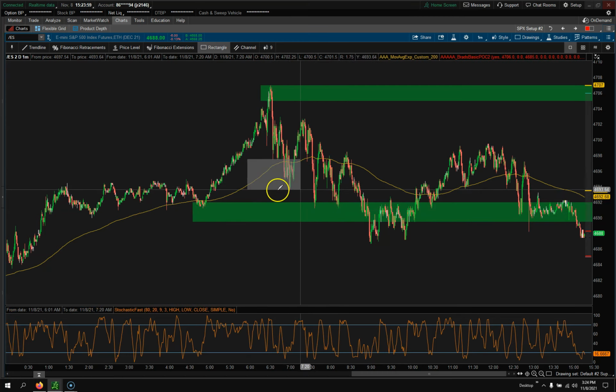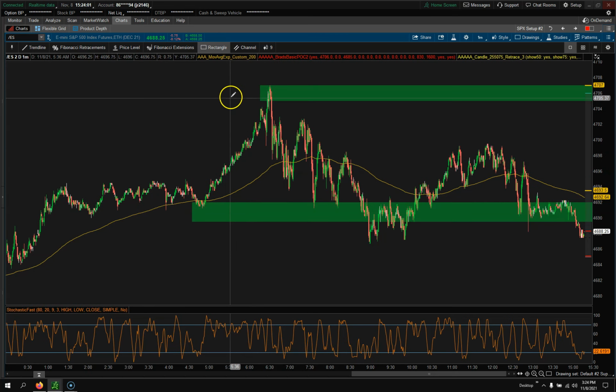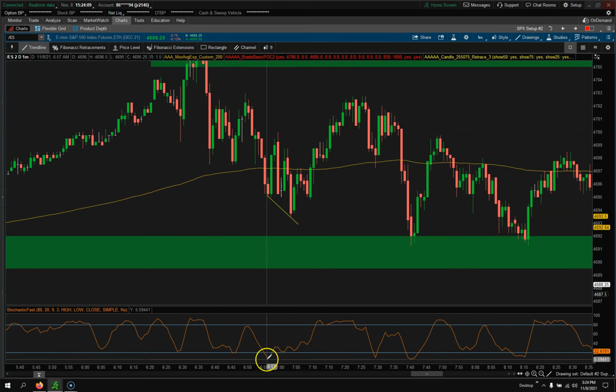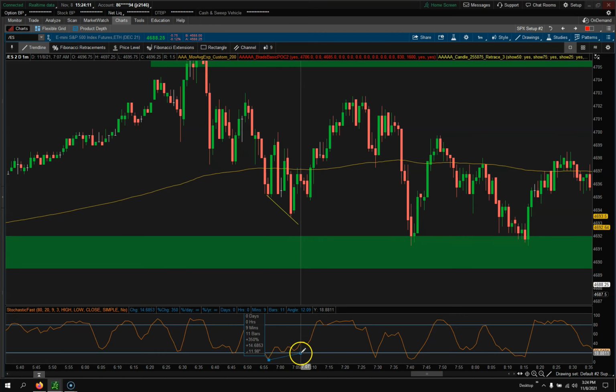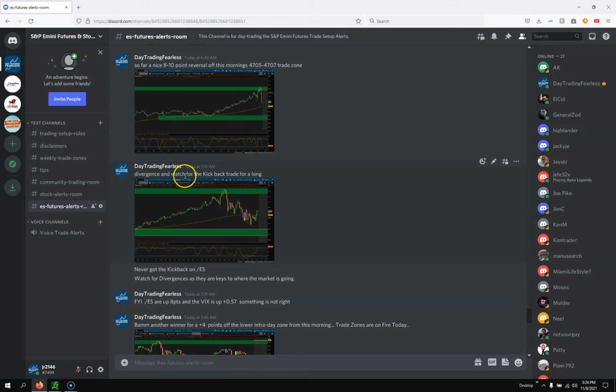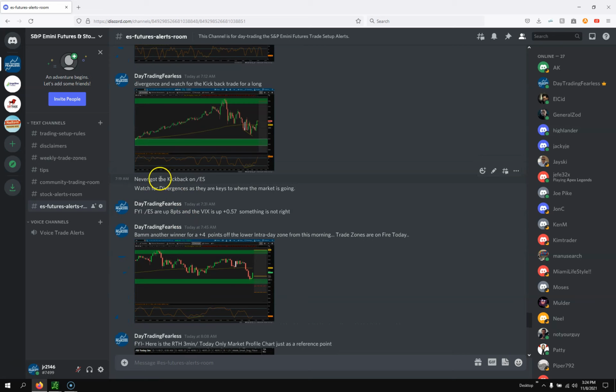Second, I actually said watch for divergence on this move lower. It's kind of a telltale of, hey, watch for divergence. I think we're right here in the chat room. Divergence, and watch for the kickback trade for a long, and then I updated, never got the kickback on the ES.